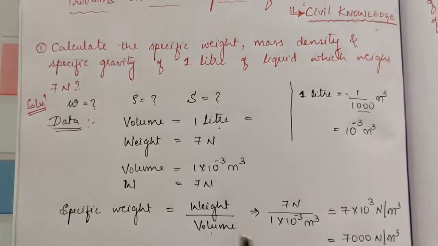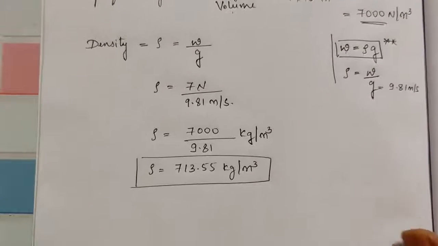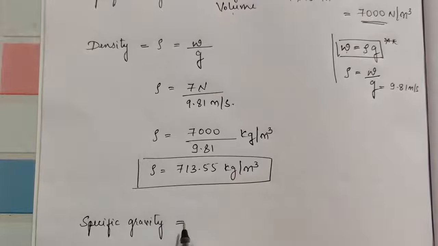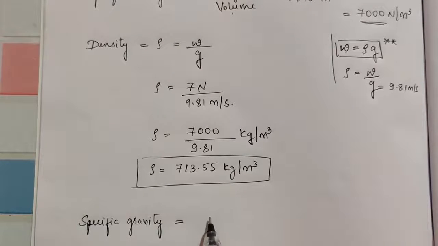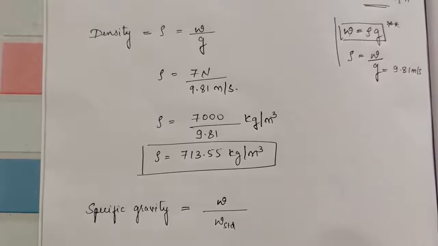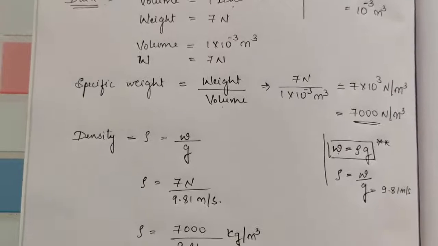So next, what we have to find? We have to find the specific gravity. According to the definition, we have to take the weight of the liquid to the weight of the standard liquid. In the case of liquid, it is water.